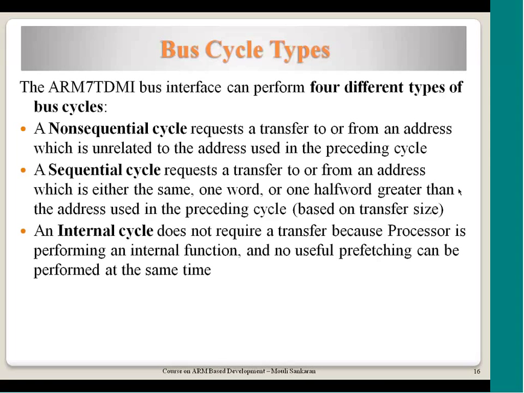Now what is an internal cycle? As I mentioned in the CPU diagram, where we saw the processor core sitting, and there are so many co-processors and other cache and memory management units in a single chip. Now the same data bus and address bus coming out of the processor core is not only connected to the memory, it is also connected to the co-processor, or it could be connected to some other units on the bus.